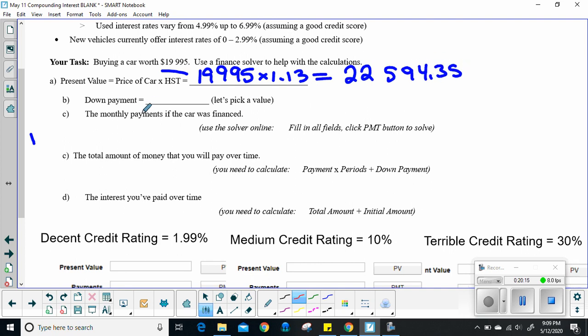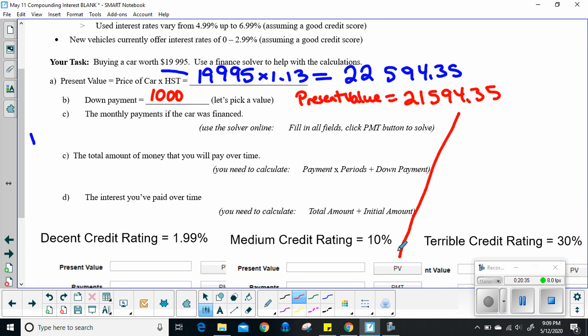Down payment, I don't know, pick a value. Let's say $1,000. So then my present value, taking off 1,000 from there, is really going to be $21,594.35. That's what I'm going to enter in for present value on each of my scenarios.